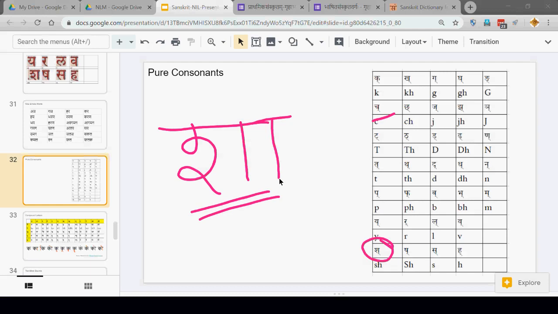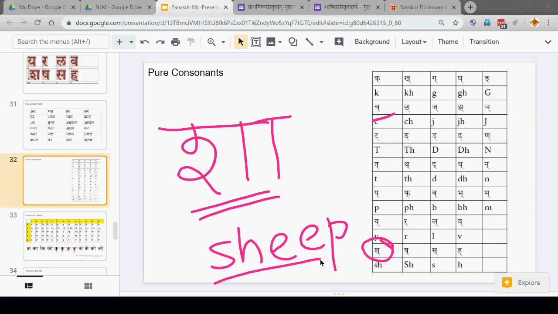Then to make it shee, something like elongated, not shi, but shee, like sheep, okay? Like that sound, shee sound. Then we start from here and complete the circle at the additional vertical line there. Shee.